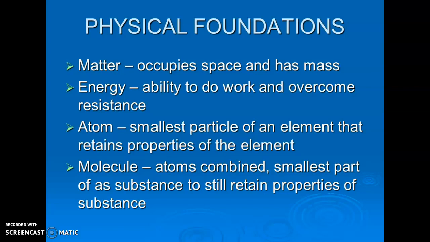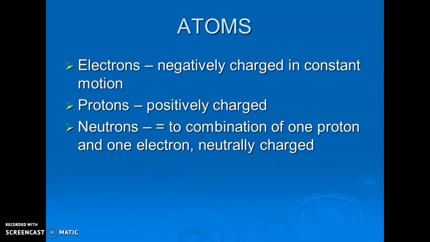But the good stuff comes in the next slide when we talk about atoms just a little bit more. In atoms, you have negatively charged electrons that are in constant motion in an orbit around the outside of an atom. The inside of the atom, you have protons and neutrons.